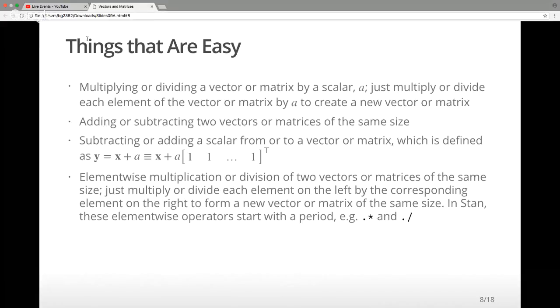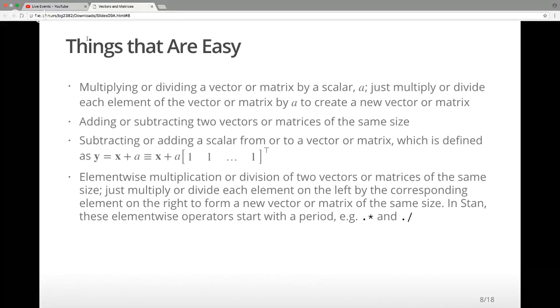In Stan, I think we mentioned this once, but we'll mention it again: these element-wise multiplication and division operators are prefixed with a period, which is often very difficult to see when you're reading it on a screen with high resolution.